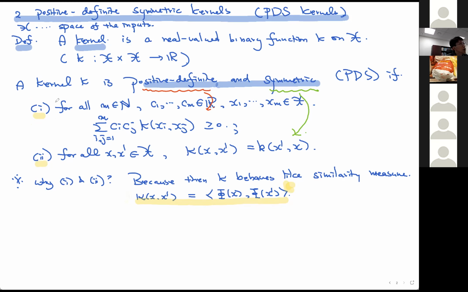But the point is that if these two properties are true, then there is always a way to view K in this way. That's what I'm going to explain a bit later.